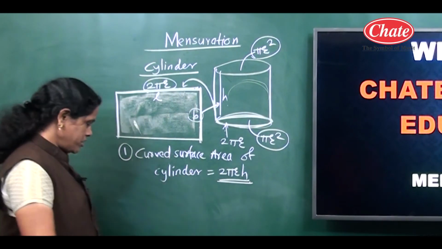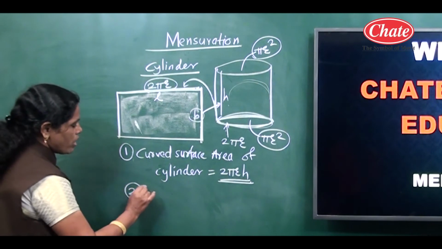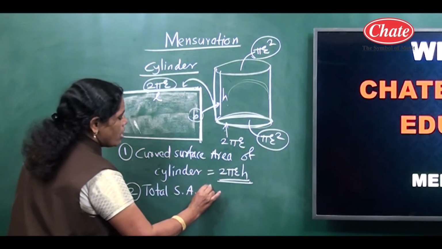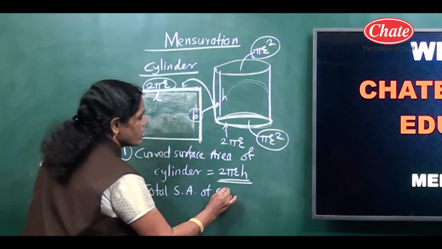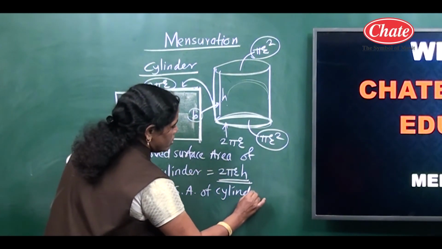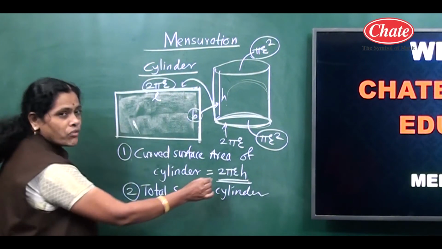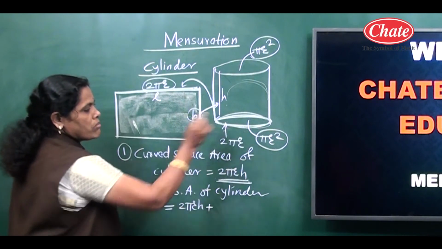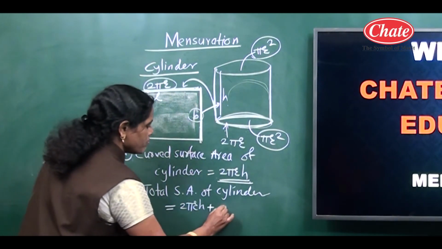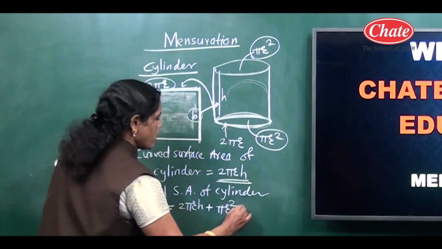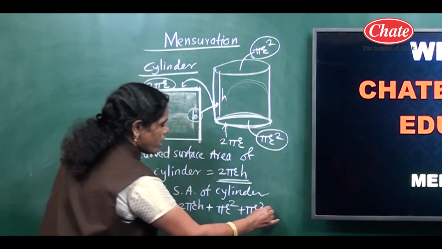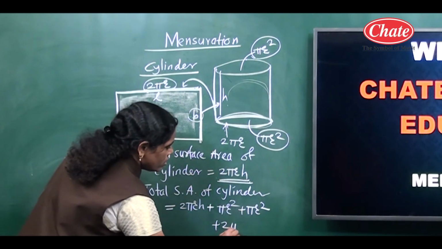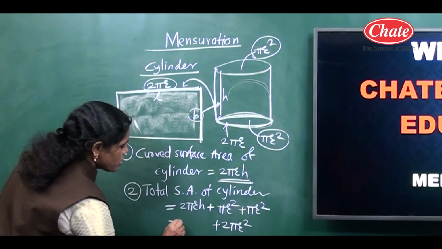Therefore the next formula: total surface area of the cylinder is equal to the curved surface area 2 pi r h, bottom area pi r square, top area also pi r square, plus pi r square, 2 pi r square, and here 2 pi r h.